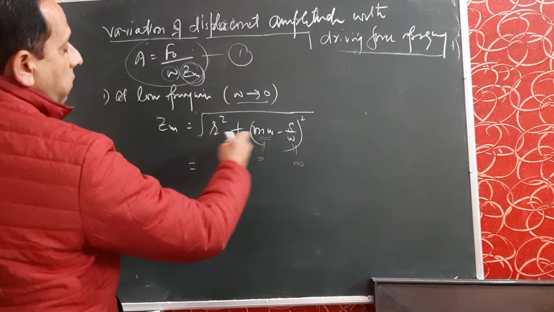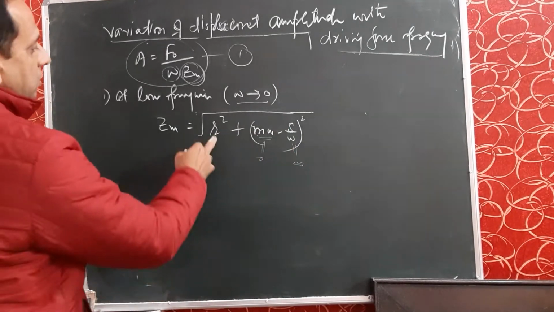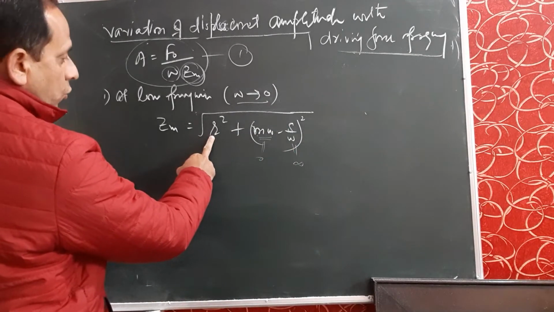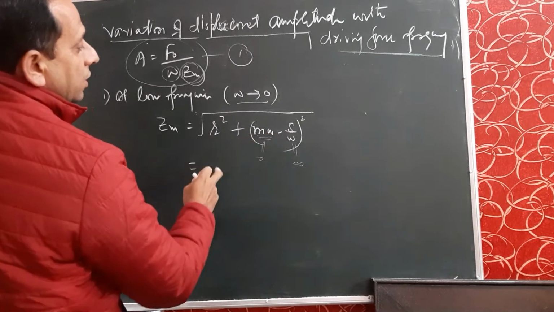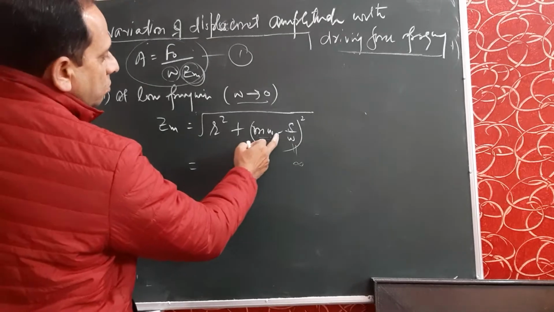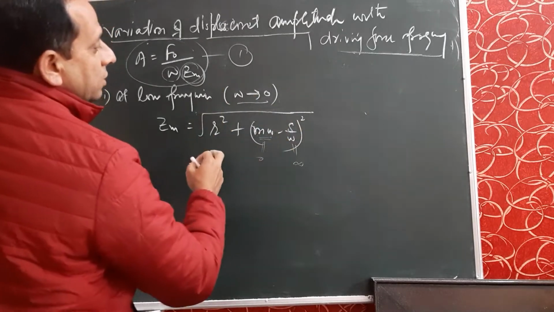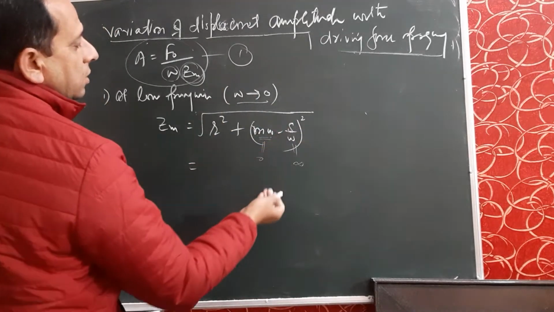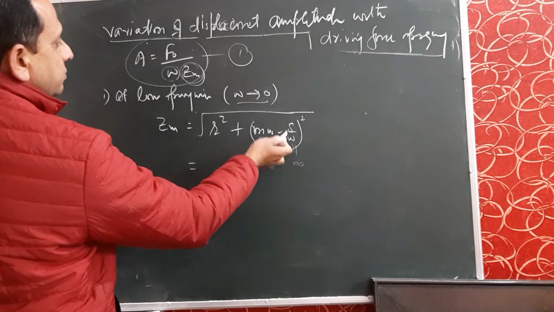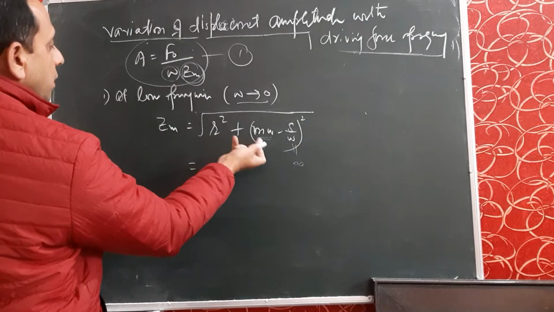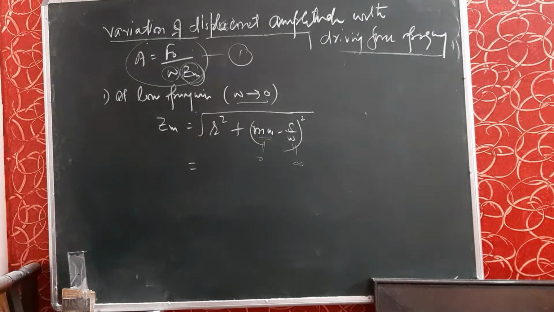So overall, among all these terms, R is a finite value, m omega becomes 0, and s by omega is infinity. So ultimately (0 minus infinity) whole squared is infinity, because the square of infinity is infinity. And infinity plus R is again infinity, as infinity dominates.